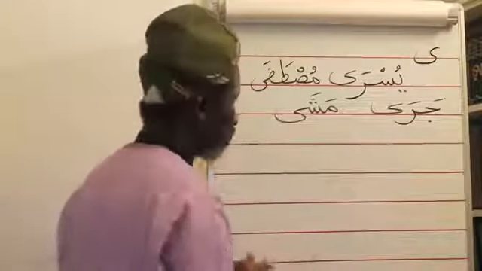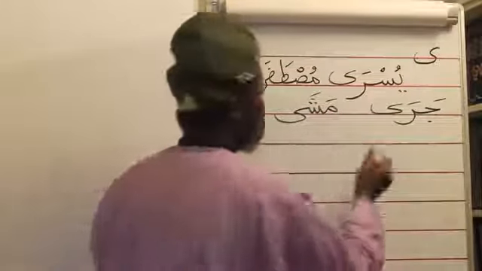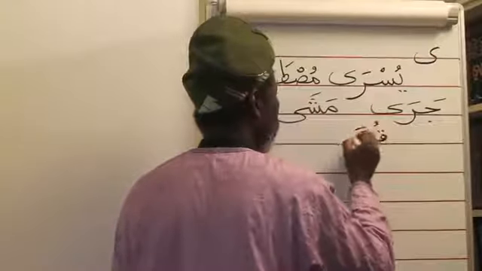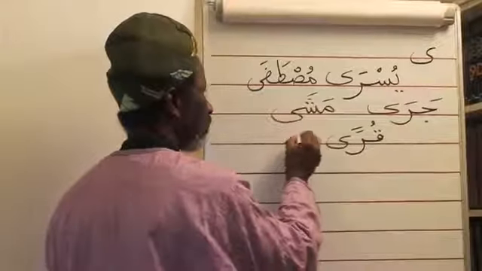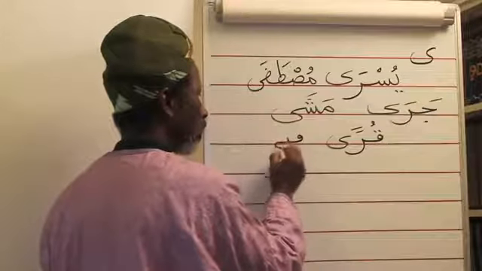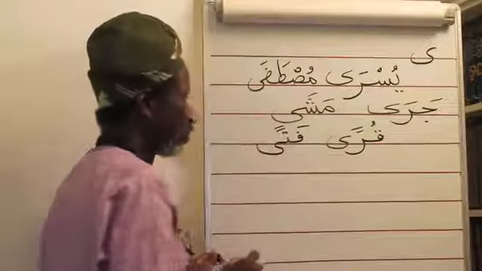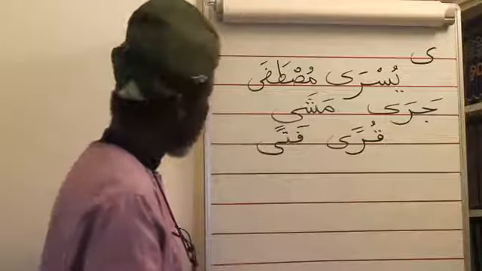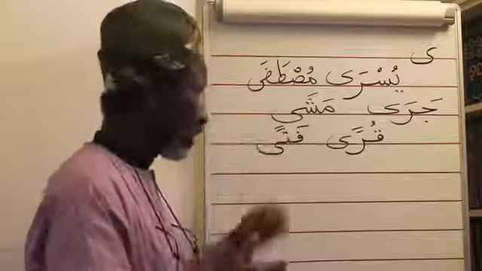Let me give you an example: Quran, and Fatan, for instance. Fa and ta. So this alif maqsura is doing the supporting, as I said before.